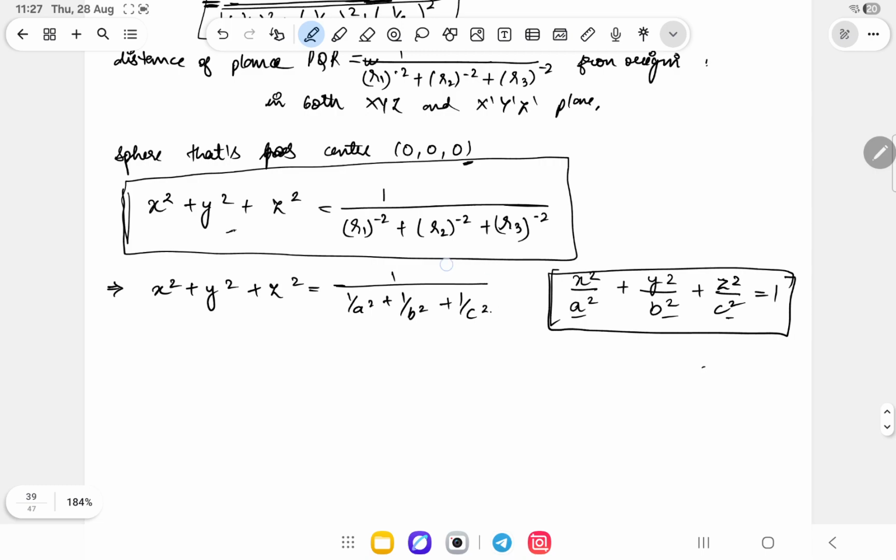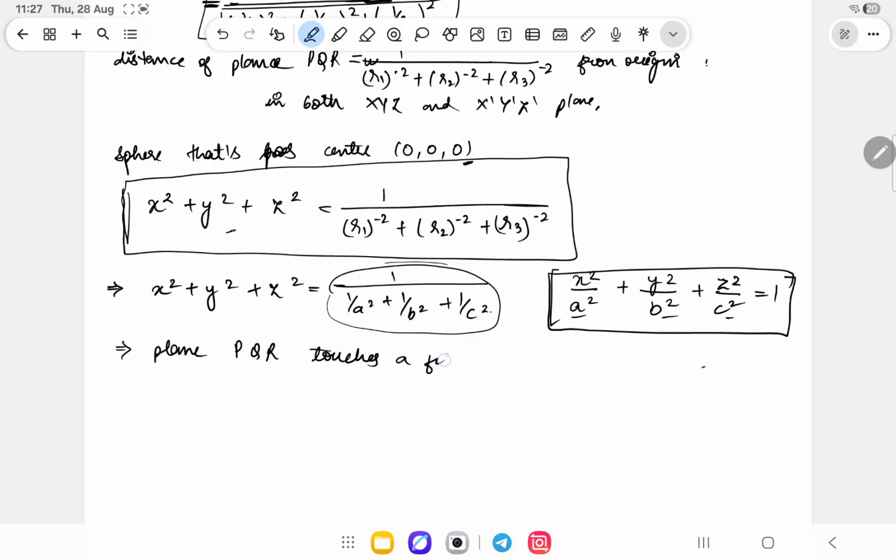So I got my radius of sphere as fixed. From here I can say that the plane PQR touches a fixed sphere, because I have chosen the center as origin and this distance will always be constant for given values of a, b and c.